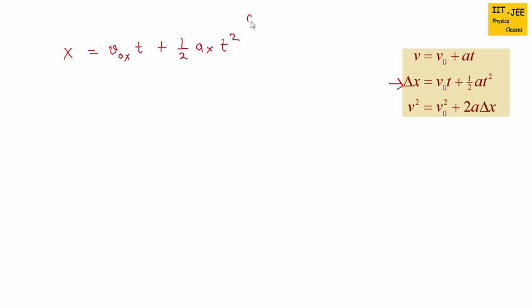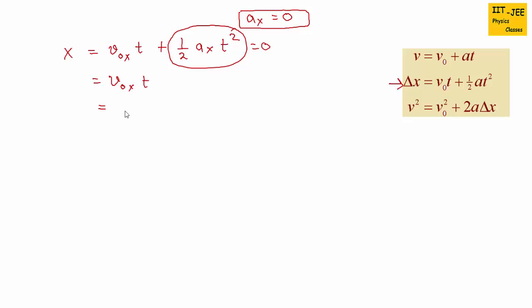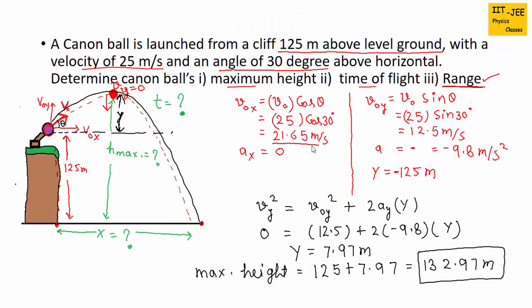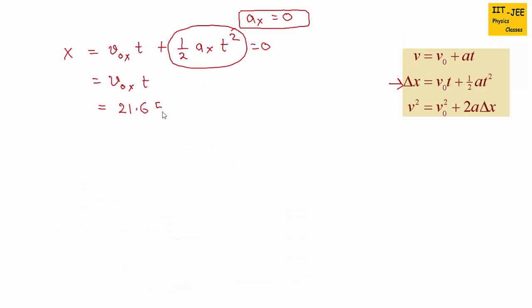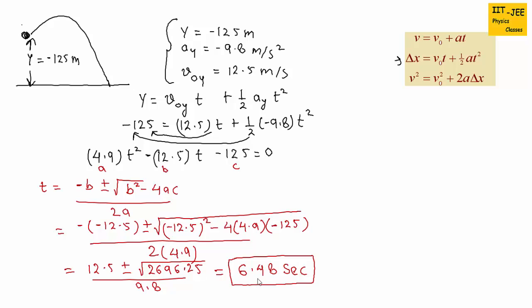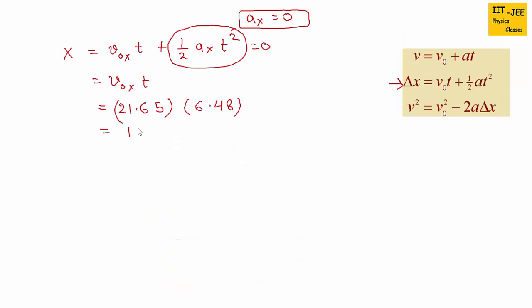You know ax equals 0. There is no horizontal acceleration in projectile motion. So this term would go to 0. So just v0x times t remains, and v0x equals 21.65 meters per second. And the time of flight we found on the last page, that is 6.48 seconds. And this will give us 140.39 meters. So this is the range, or maximum horizontal displacement, of the cannonball.